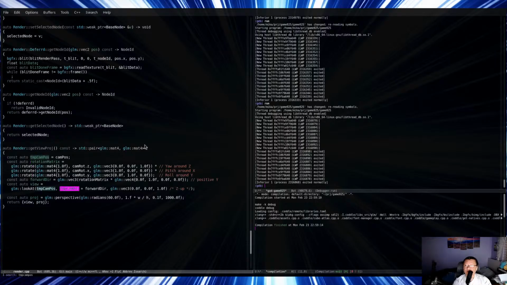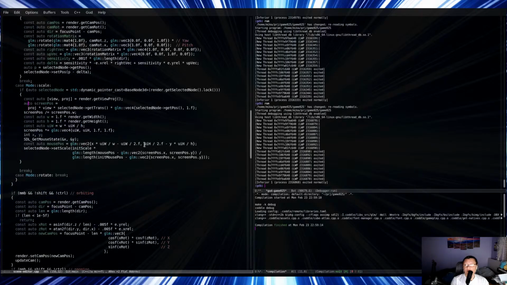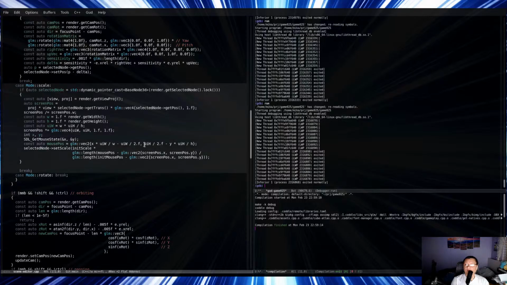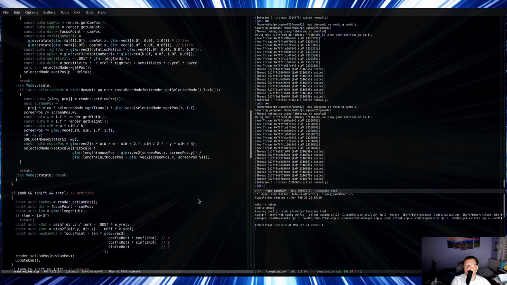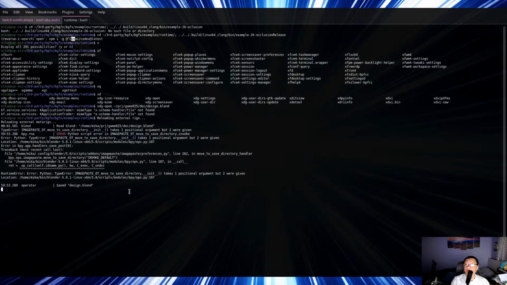So this is the camera position, and then there is a projection W H. So this is the aspect. Let me ask Gemini to help me. What the heck is this? Oh, it's a Blender. Okay.